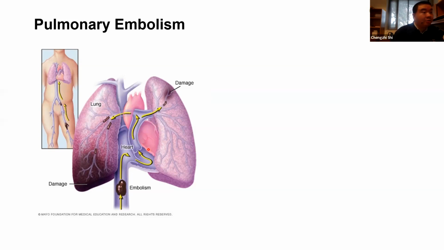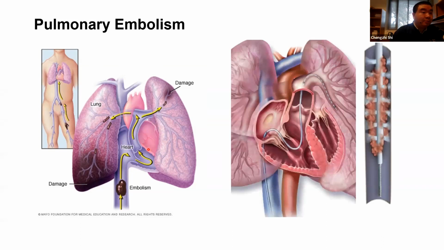So what's the current treatment? For less severe cases, people are trying to use catheters. And this is a 24 French catheter, which was proven to be safe to go into the pulmonary artery. If you are not familiar with 24 French, what it means is the diameter of the catheter is about 8 millimeters. And then we are dealing with the pulmonary artery, which is about 2 centimeters.